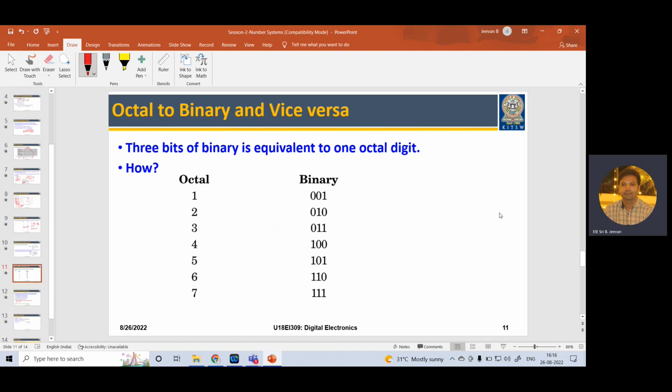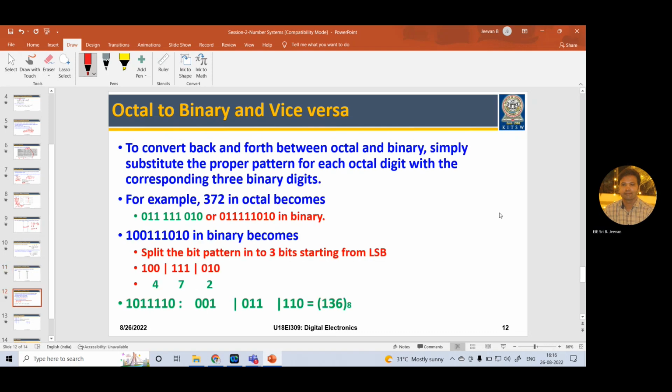So octal to binary, these are the binary representations. Now, every octal digit is equivalent to 3 binary bits. Why is it 3 bits?